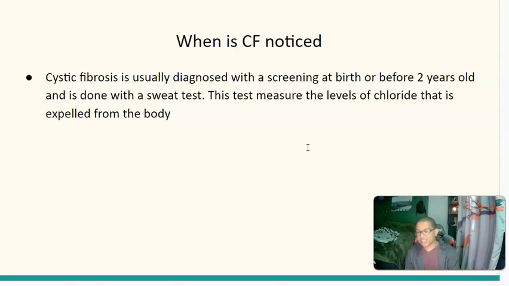They then take a sample of that sweat to be tested. What they test for is the chloride levels within the body. If you're within acceptable margins, they know that everything's regulating well. If not, that means there's a problem, and this is your body's physical response to the problem.